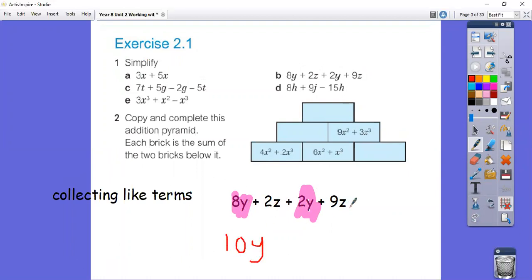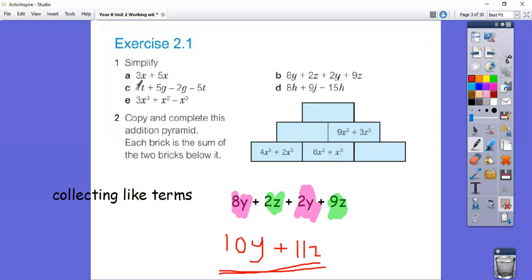And then 2z plus 9z, these are the same because they're terms in z, so plus 2 plus 9, 11z. And y and z are not the same, so I can't bring them together. You won't simplify anything any further. So it's 10y plus 11z.